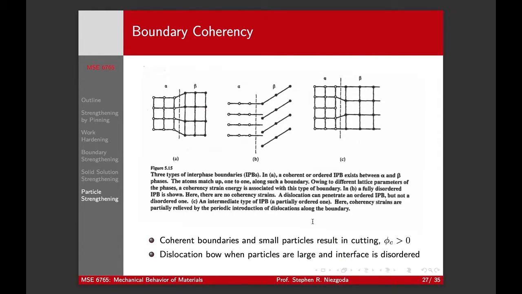Okay, so the first thing is boundary coherency. So here we have an interphase boundary between phase alpha and phase beta. So here we have a coherent or ordered boundary, and there's a one-to-one matchup between the atoms.